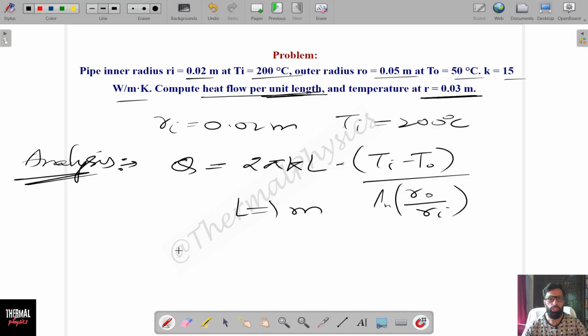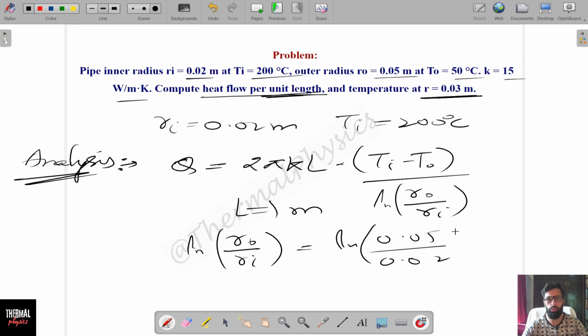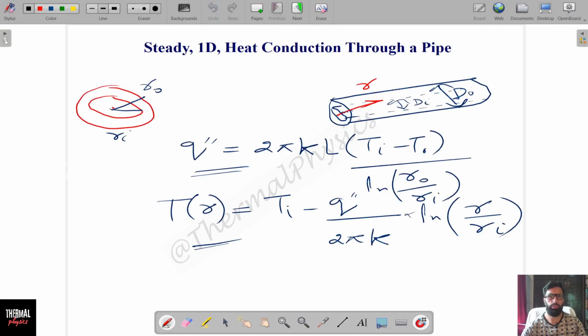Let us first calculate this term, ln of R outer by R inner. R outer is 0.05, inner is 0.02. So ln of 0.05 divided by 0.02 is 0.916.